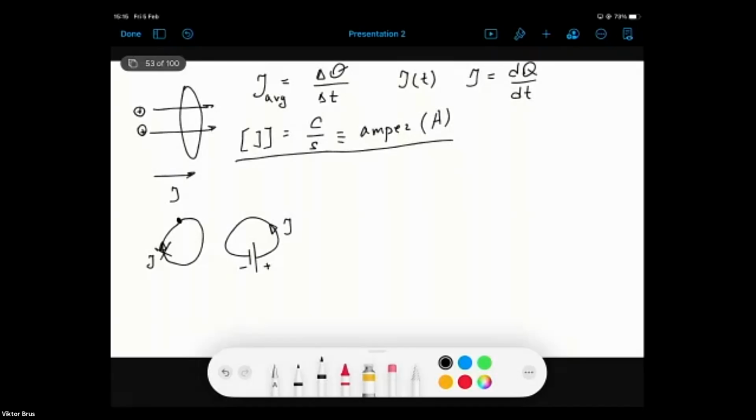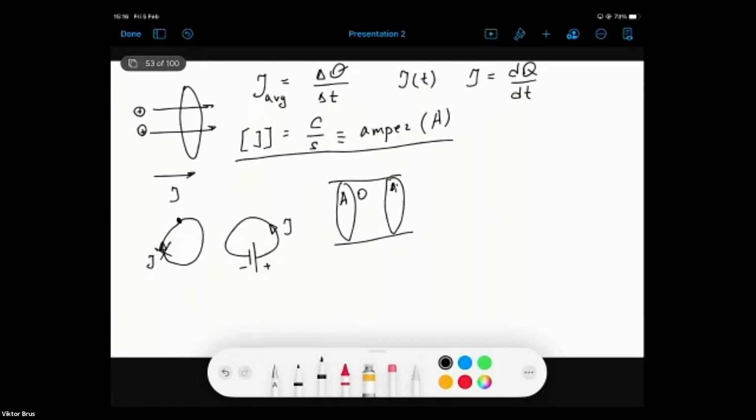So let us consider a microscopic model of current, and let's assume we have a cylindrical conductor. Here is one cross section, and here is another. Let's call them A and A prime. They are the same in area.